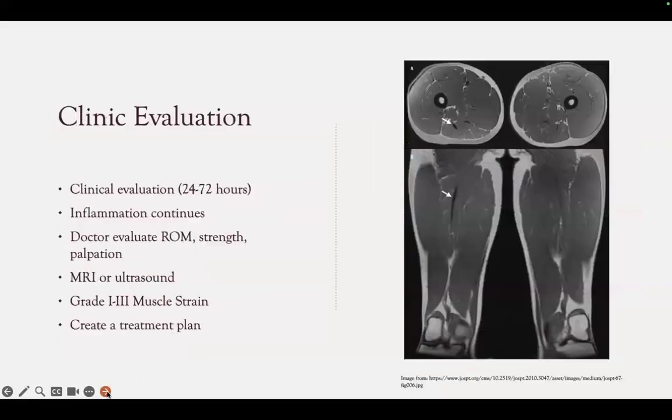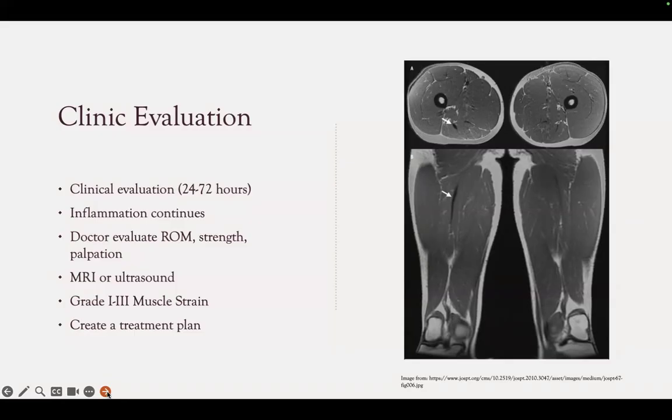So the next stage is our clinical evaluation, which should occur within 1 to 3 days, 24 to 72 hours of the injury. And here the team physician assesses the strength, symmetry tests, range of motion, and can palpate the hamstring to assess how severe this injury is and how severe the muscle fiber disruption is.